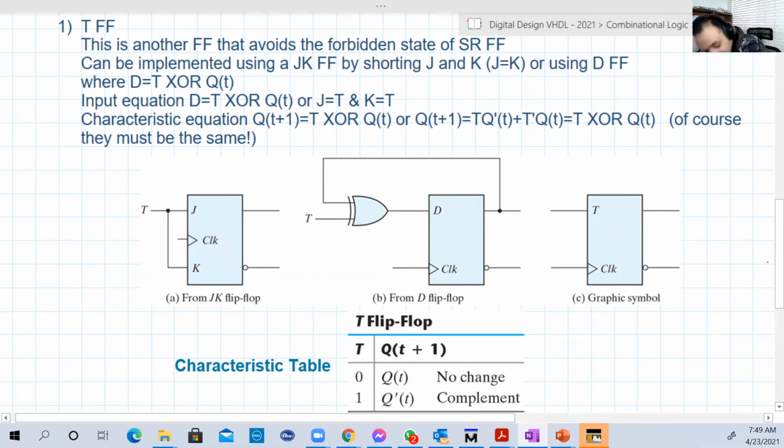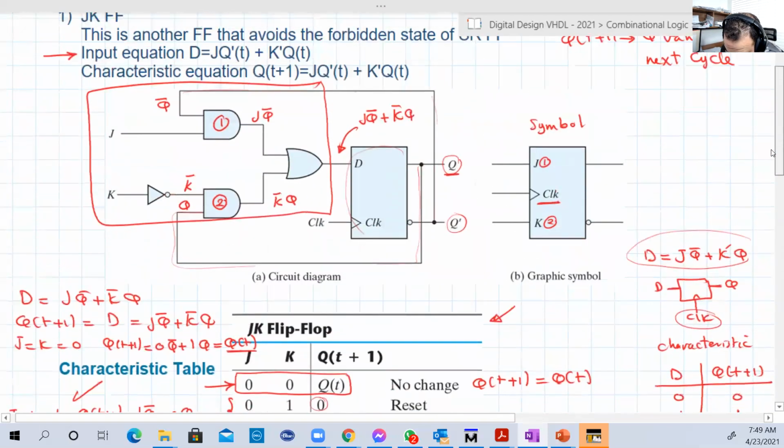Okay? And the idea is really easy. For the implementation using a JK flip-flop, just connect J to K. I mean, we're going to use the same circuit, but just connect these lines so they become just one input, which is called T. That's it.